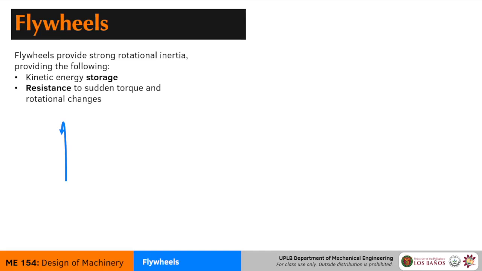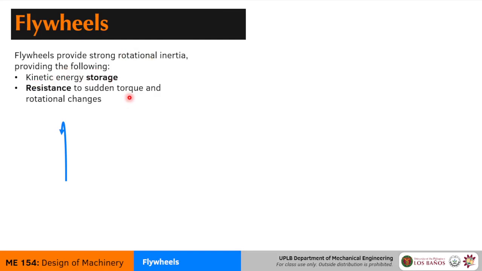Now, of course, if you've actually gone through ME 160, flywheels are just these heavy masses that have a strong rotational inertia. And when you have something that has a strong rotational inertia, there are a few implications. Number one, when you have a high rotational inertia, your velocity does not change easily.